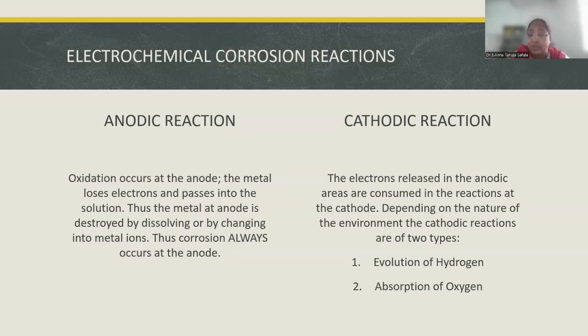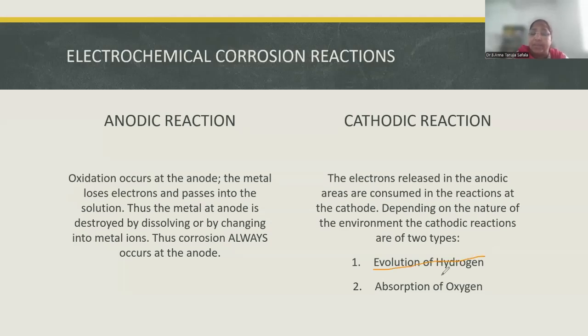So at the cathode, as I discussed earlier, depending upon the electrolyte nature, if the electrolyte is acidic in nature, the mechanism will be followed through the evolution of hydrogen.